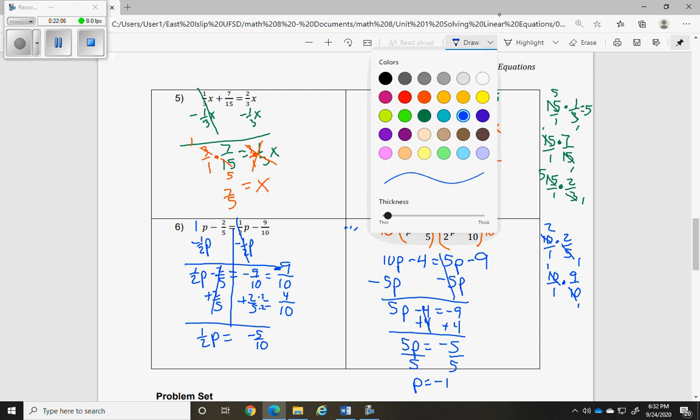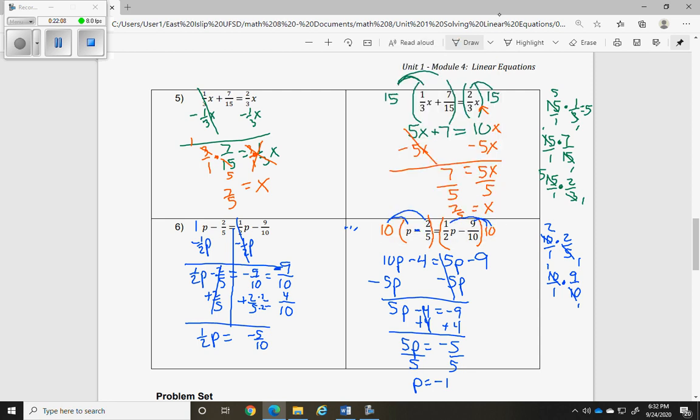And since I'm a reciprocal kind of person, I will multiply by 2 over 1. And multiply by 2 over 1. 2 and the 10 simplify. So I'm left with -5 over 5, which is the same thing as -1. So I get the same answer, no matter which way I do it.